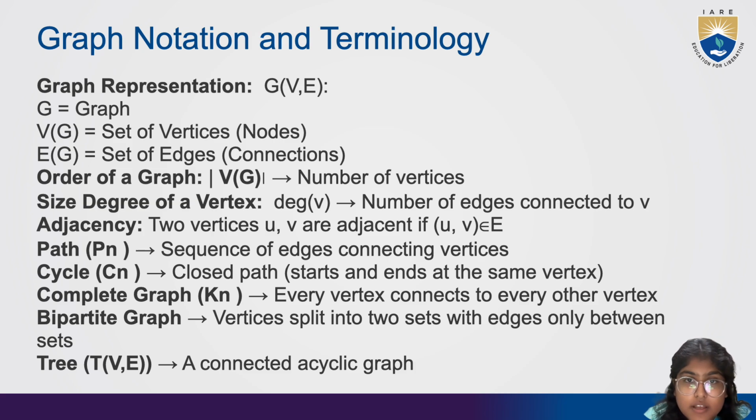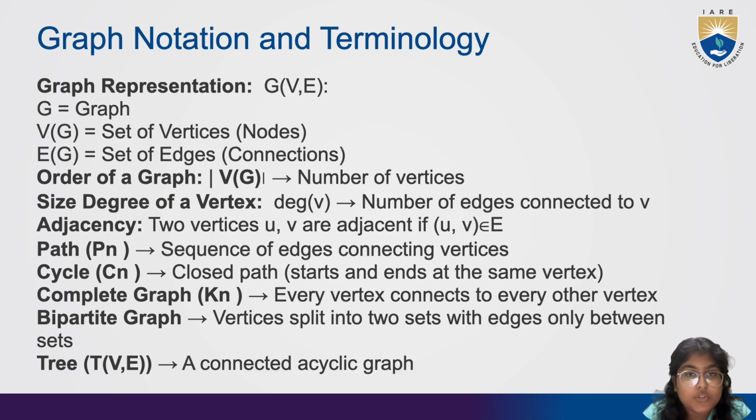The order of a graph is the number of vertices, denoted as mod of V of G. The size of a graph is the number of edges, denoted by mod of E of G. Degree of a vertex. This is represented with deg of v, the number of edges connected to a vertex v. In a directed graph, we define in-degree and out-degree, as in incoming degrees and outgoing degrees.